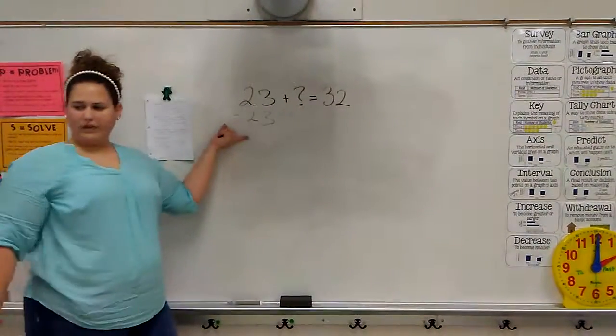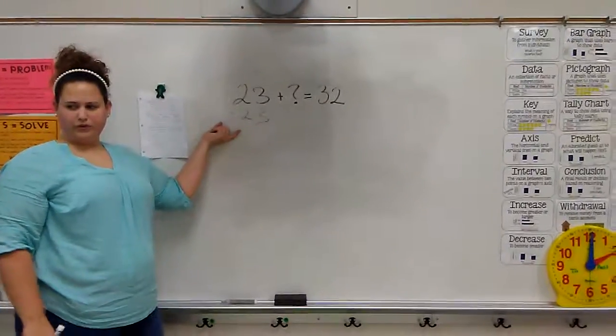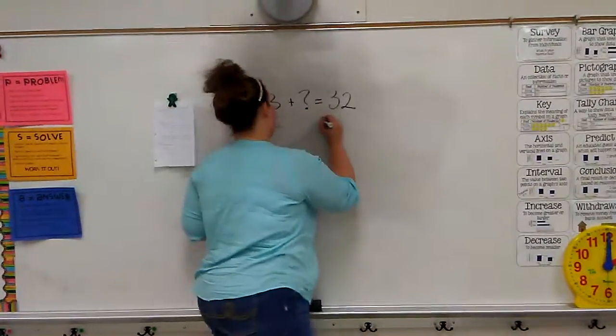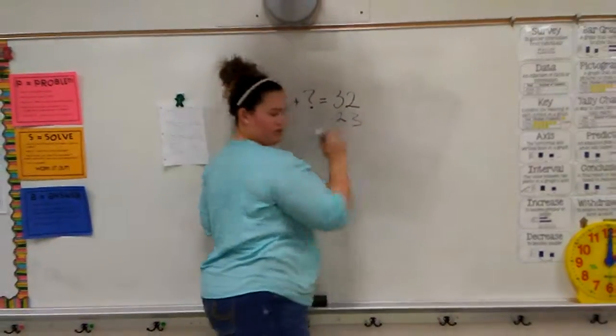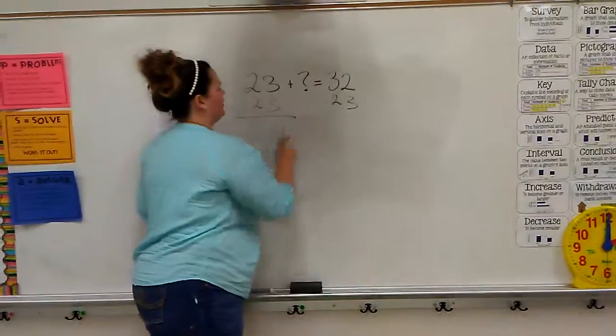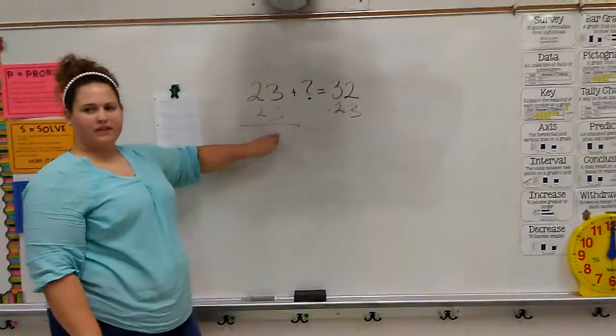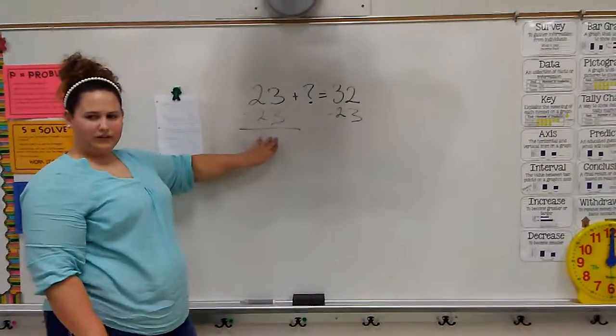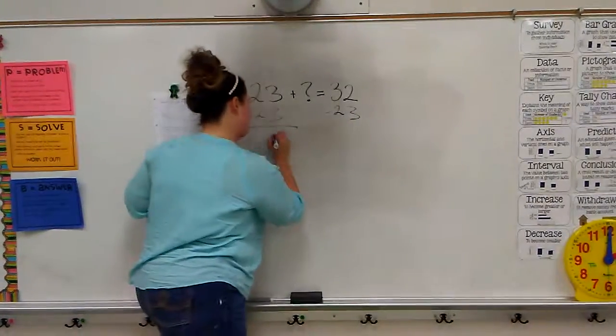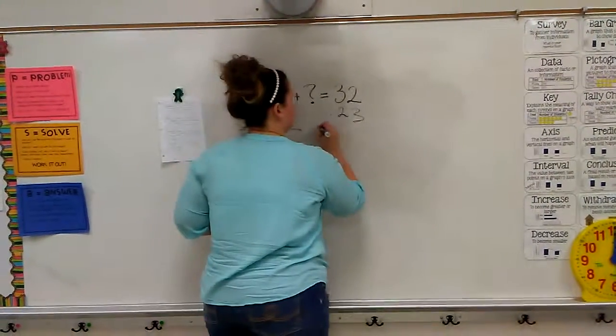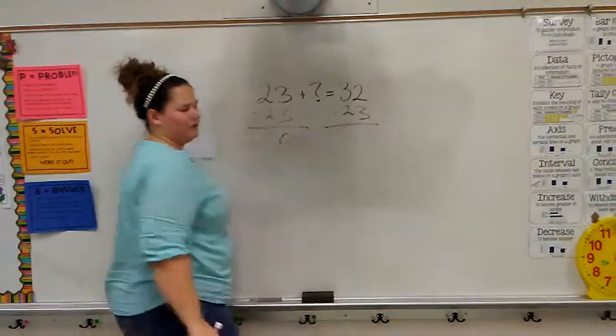Do I do it just on one side or do I do it on both? Yes, I do it on both. That's right. Don't doubt yourself. You got it. All right, so Tiffany, what's 23 minus 23? Yeah, that's right, it's 0. And what is 32 minus 23?